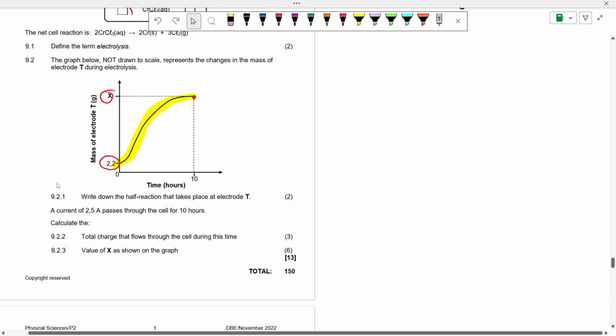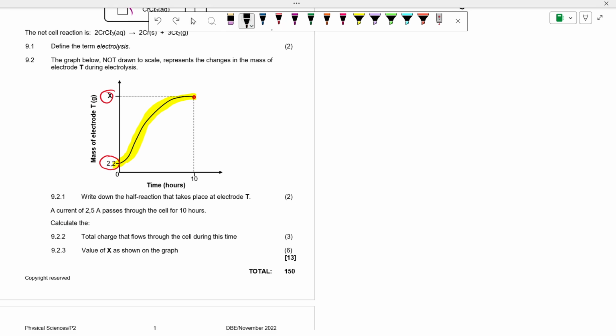Okay, then they say a current of 2.5 amps passes through the cell for 10 hours. So let me write that information down. Current is 2.5 amps in a duration of 10 hours. Calculate the total charge that flows through the cell during this time.